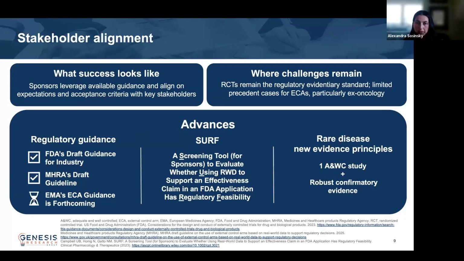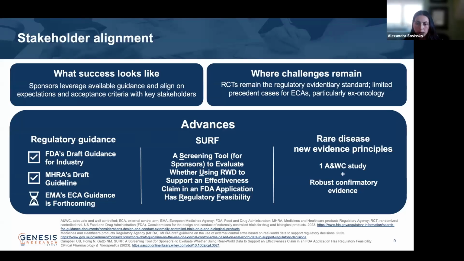Lastly, and specifically for select rare diseases, the FDA has just last month introduced new evidence principles designed to facilitate innovative approaches and make regulatory pathways more predictable. Per the RDEP, which was developed jointly by CDER and CBER, sponsors are eligible to apply prior to the launch of a pivotal trial.